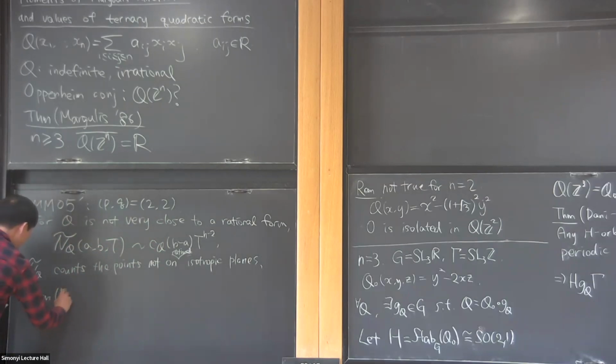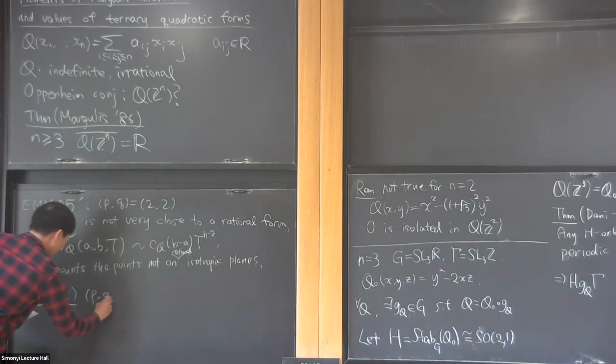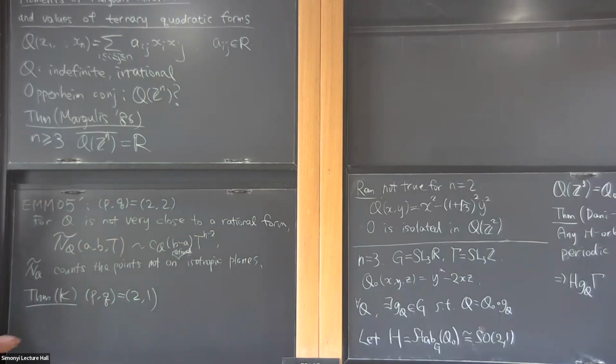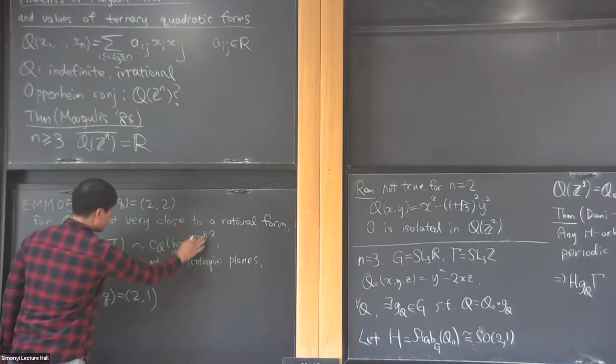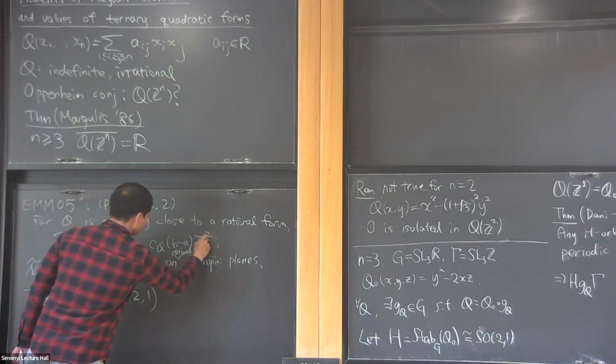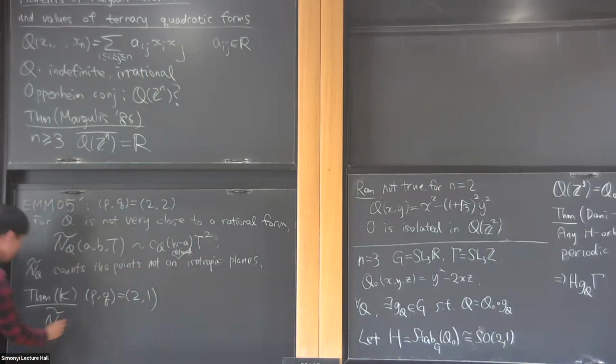The main theorem I'd like to present today is the case of signature 2-1. Of course, for this case n is 4, so the asymptotic should be t squared.